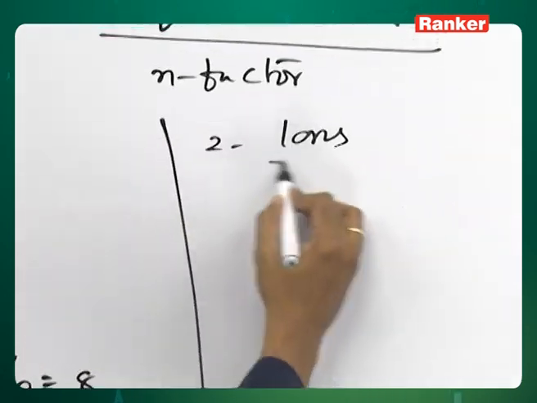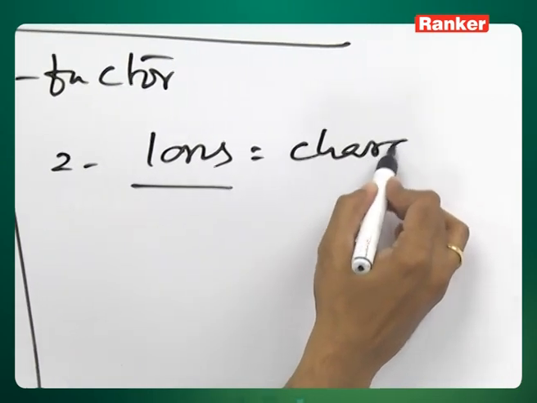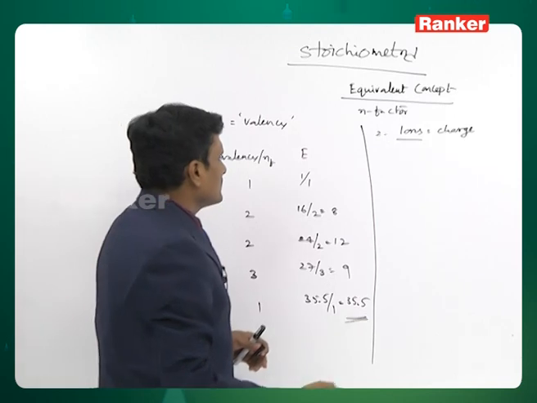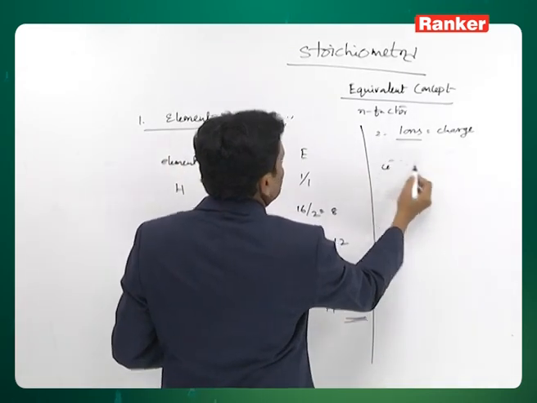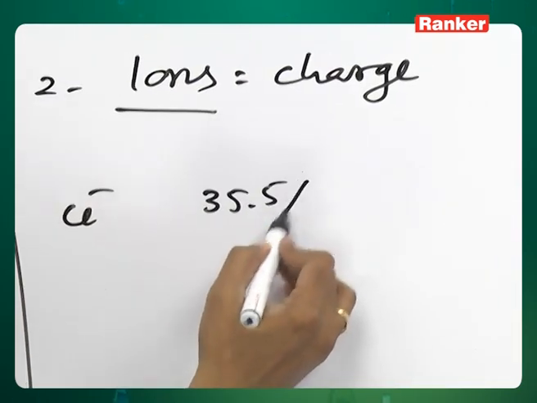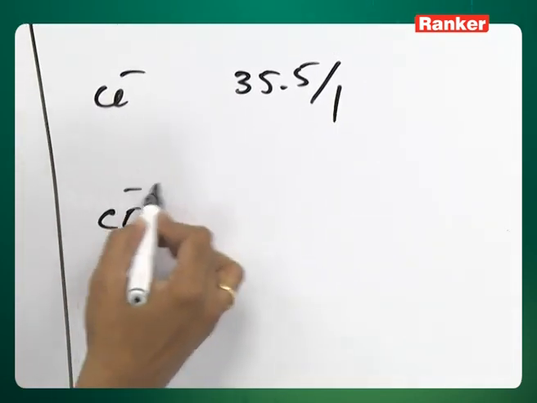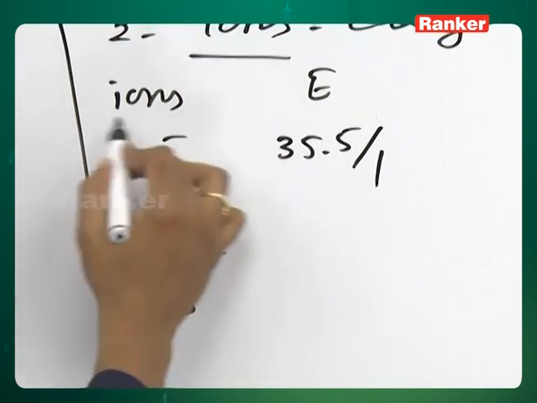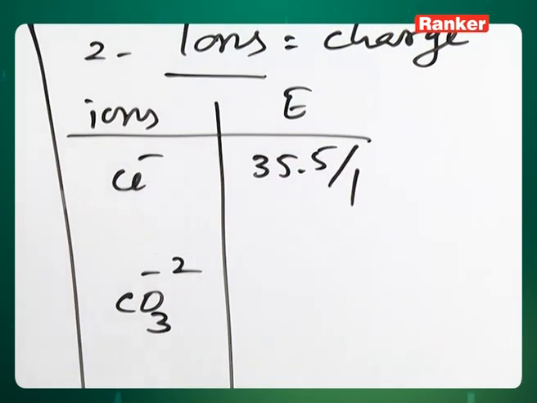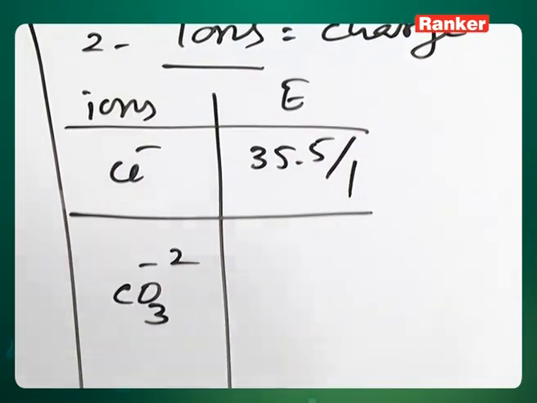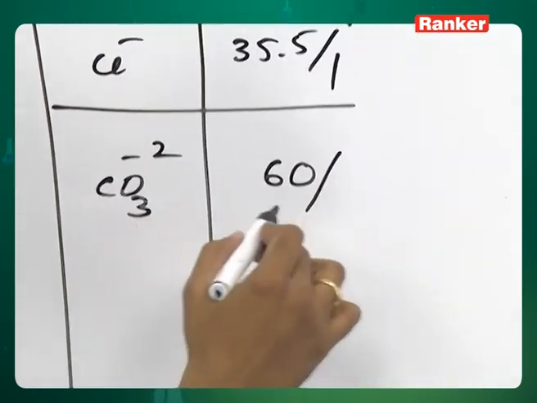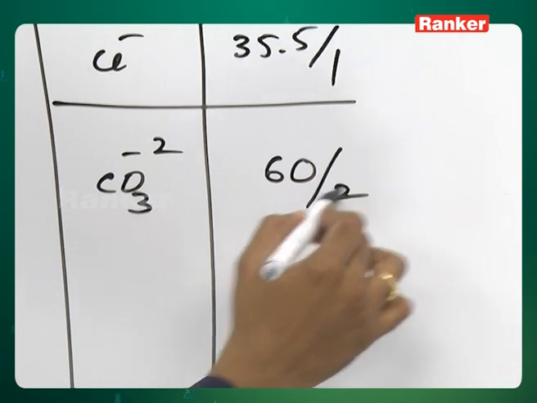ions, it is simple that the n factor is nothing but the charge present on it. So, if you take generally the ions, chloride ion 35.5 by 1, carbonate ion, I am writing straight away the equivalent masses here. Carbonate ion, as we all know, its molar mass is 60 upon the charge.